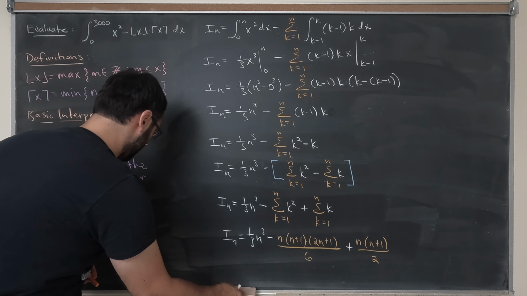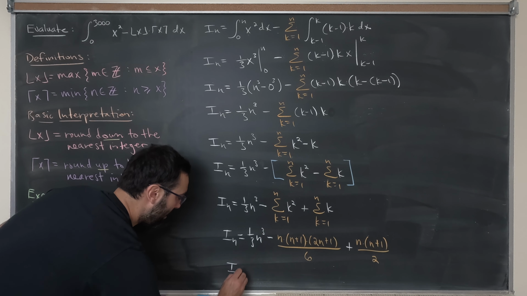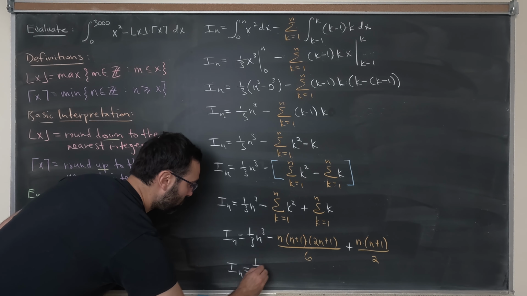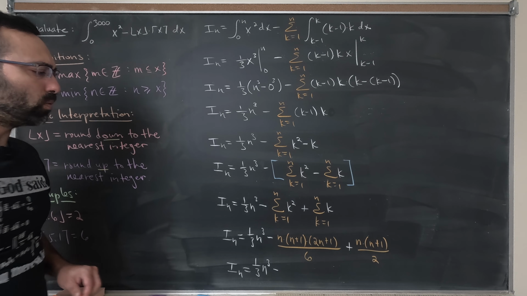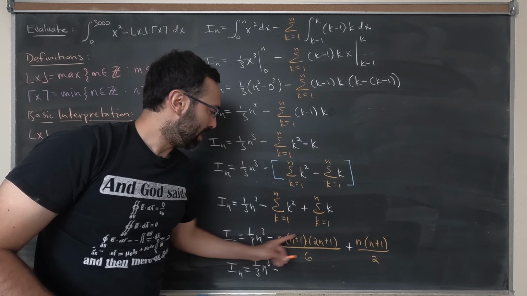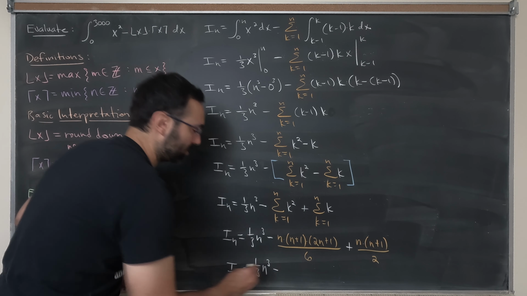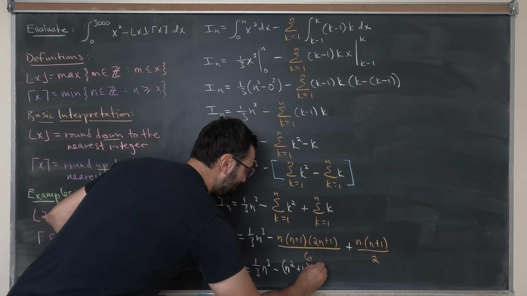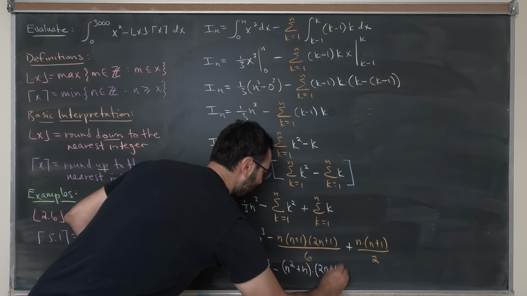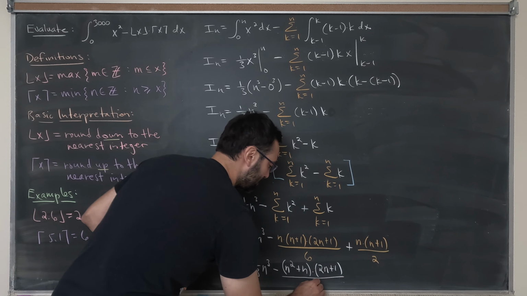Well, where does this take us? We have I sub n equals 1/3 n cubed minus, well, let's distribute everything here in the numerator. We have n squared plus n, and that will be multiplied by 2n plus 1, all divided by 6.